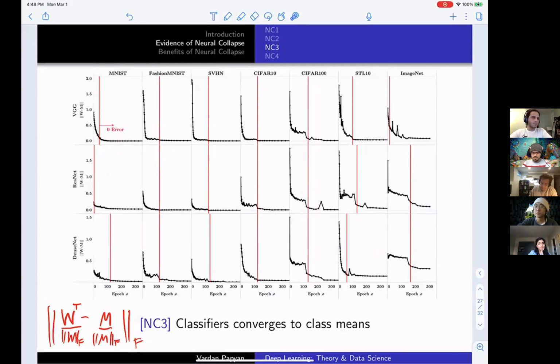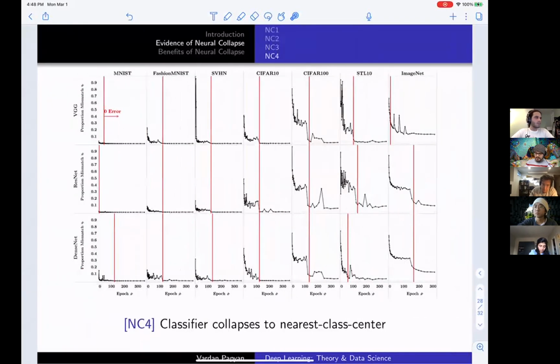Okay, so this plot shows that the classifiers converge to the class means as training progresses. And the final plot shows the mismatch between the classifier decision of the network and the nearest class center algorithm.